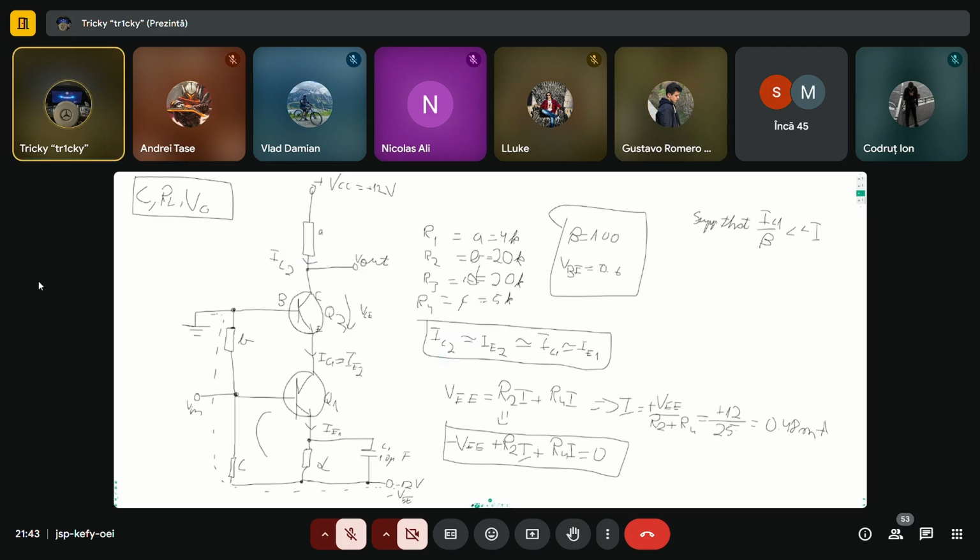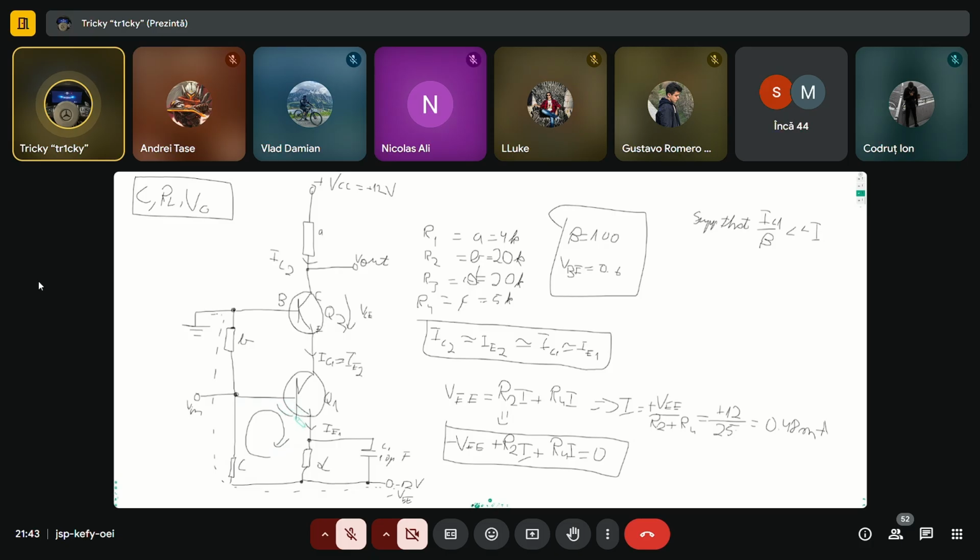No problem. All right. Going back to our problem, to find the current going through the collector and the emitter of the first transistor, which will automatically give us the current going through the collector and the emitter of the second transistor, we can take this closed loop Kirchhoff over here, which will go like this.